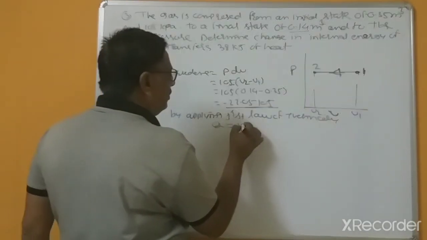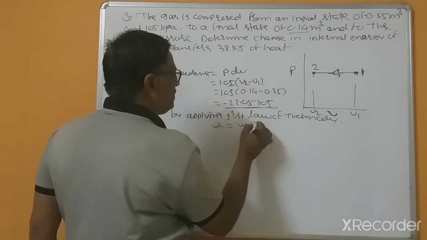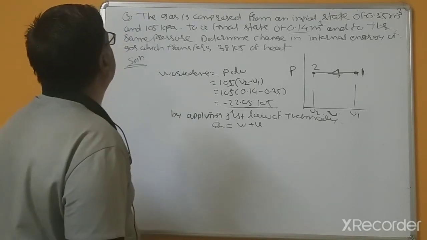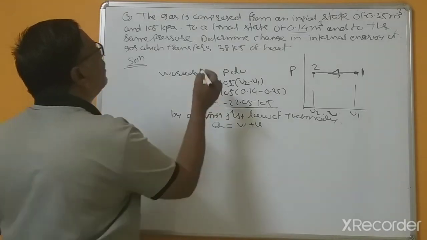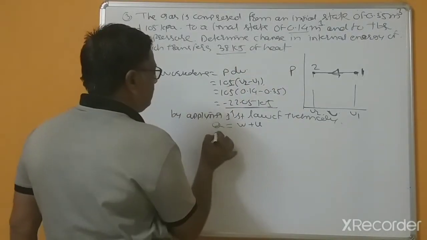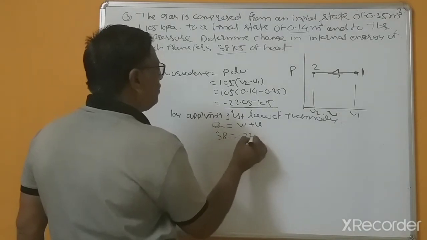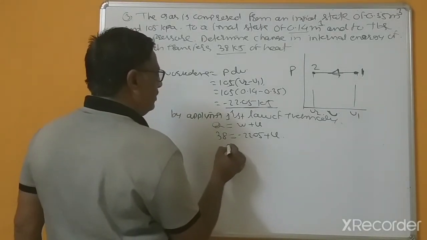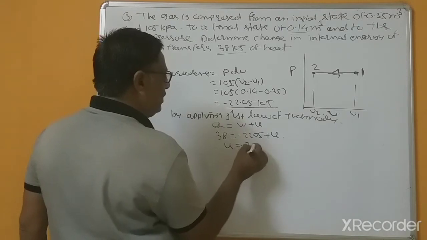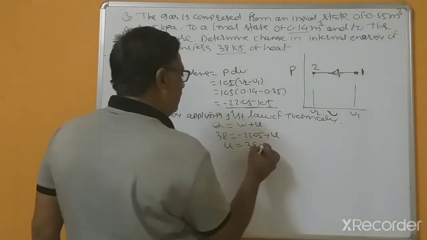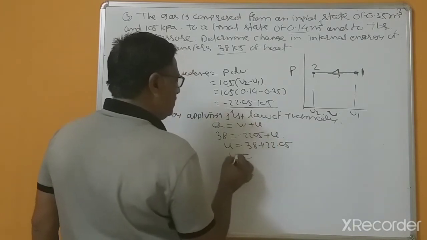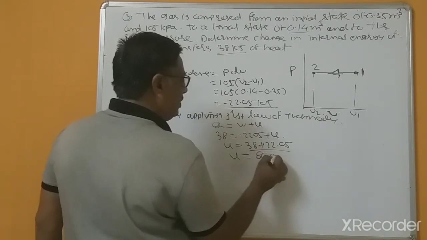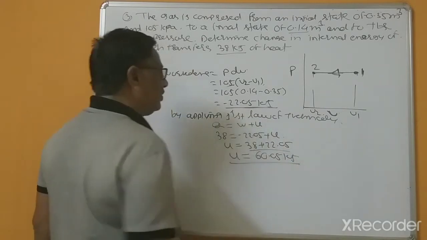Q equal to W plus U. Here Q is 38, W is minus 22.05, and this is U. So internal energy equal to 38 plus 22.05, which is equal to 60.05 kilojoule.